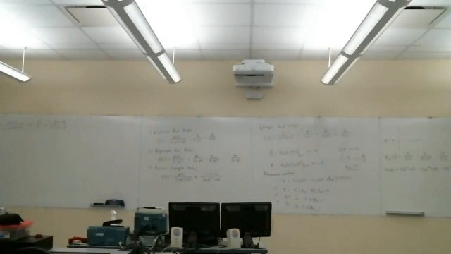So how do I find A1? It corresponds to a pole at the origin. Just cover up the s term and let s be 0. So I'm going to get 20 over 10, and A1 is 2.